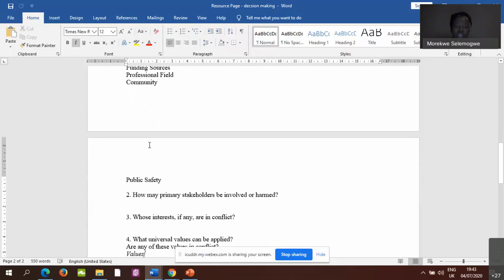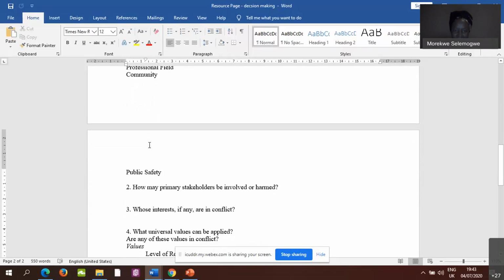So, whose interest, if any? I have skipped the second one. How may primary stakeholders be involved or harmed? I think it's from the case itself. How do you think the primary stakeholders may be harmed? Primary stakeholders are the... Anybody want to say something?